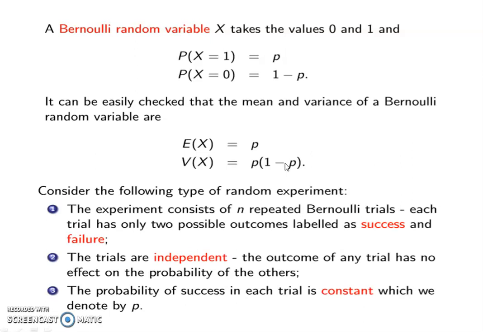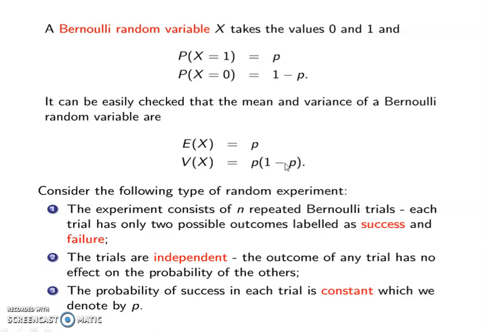Consider the following random experiments. The experiment consists of n repeated Bernoulli trials. There are a few random experiments where they consider n repeated Bernoulli trials. But each trial has only two possible outcomes labeled success and failure. And to note, the trials are independent.